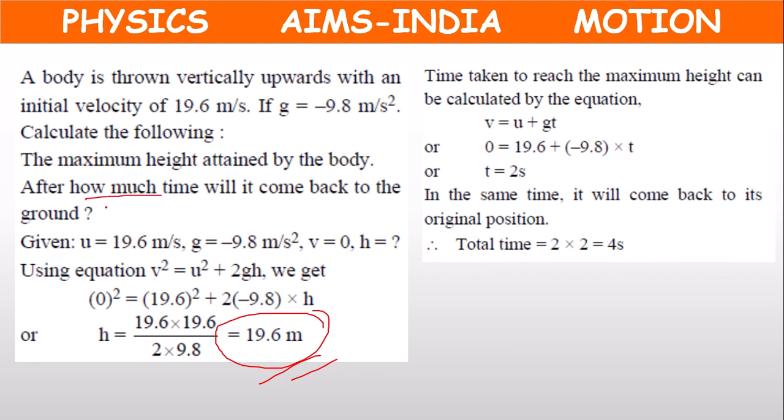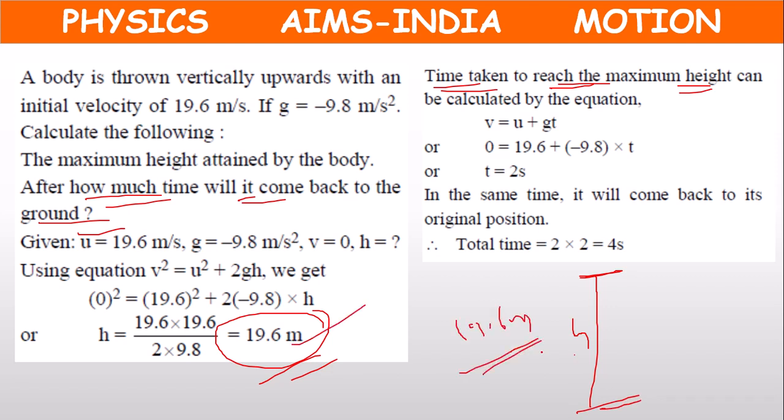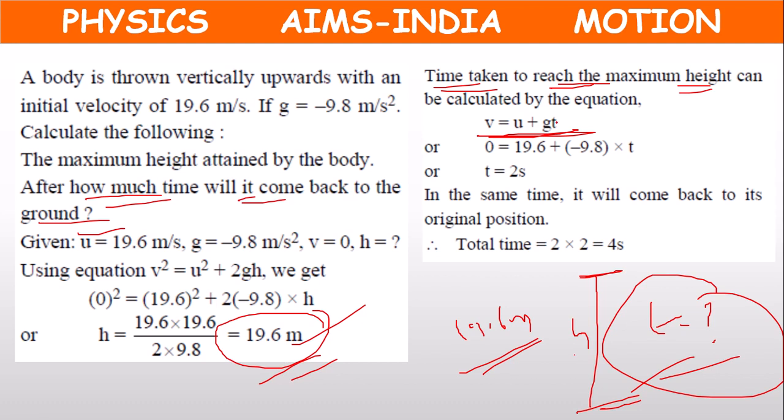Next, again we have to find after how much time will it come back to the ground. So time taken to reach the maximum height while going up, for reaching 19.6 meters height, how much time it has taken. Let's calculate it first. We have the formula V equal to U plus AT, or V equal to U plus gT. V is 0, U is 19.6, g is minus 9.8, T we have to find out.